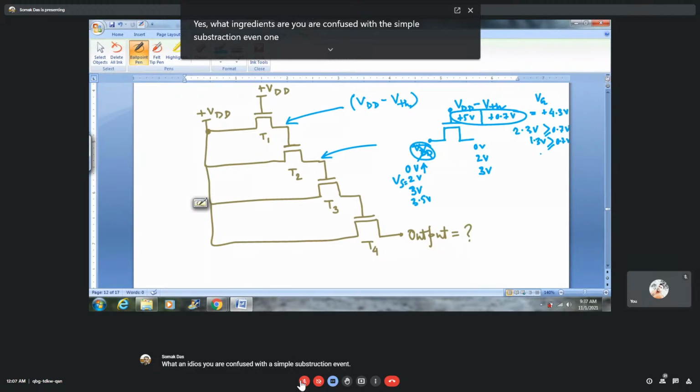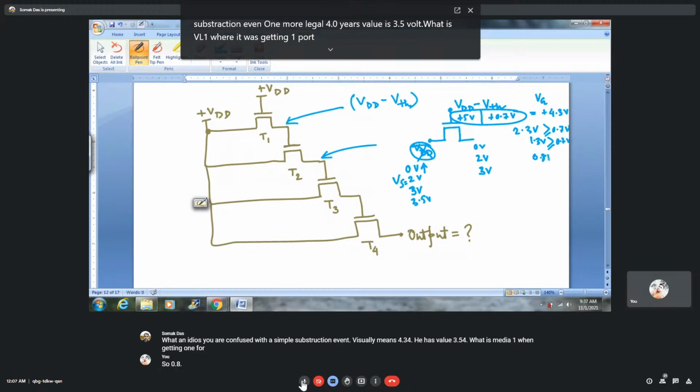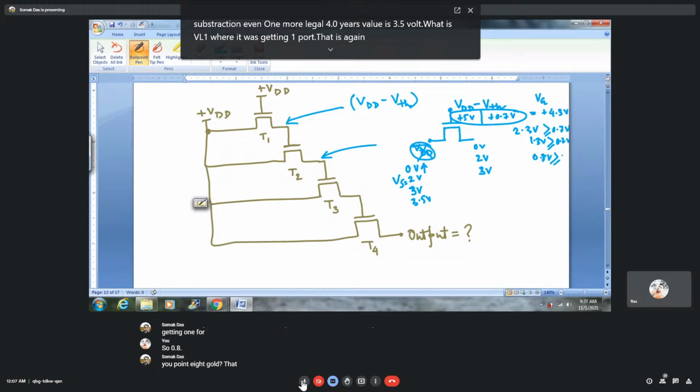VG value is 4.3 volt. VS value is 3.5 volt. What is VGS value? Where are you getting 1 volt? It is 0.8 volt. That is again greater than or equal to 0.7 volt. So channel is created. What is this VD value? Exactly 3.5.